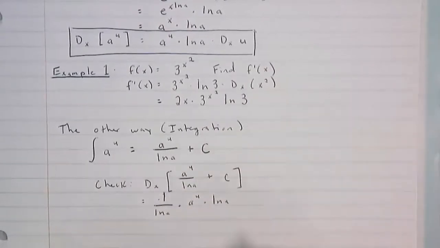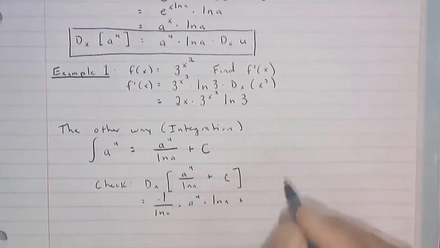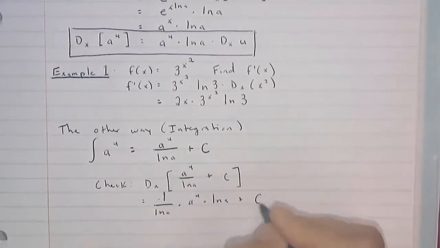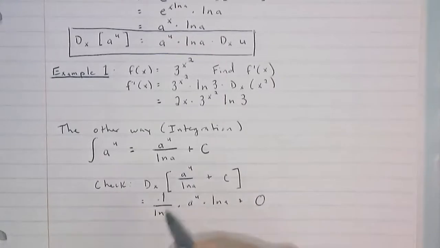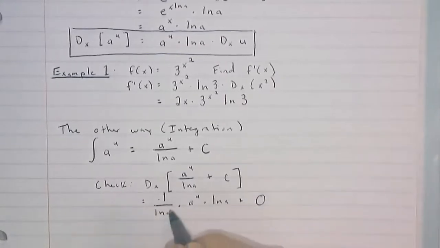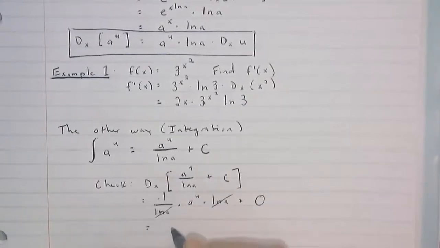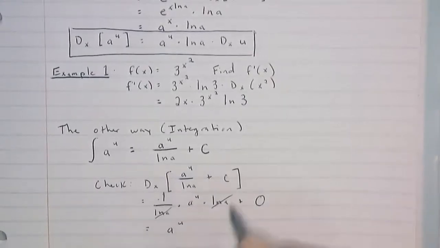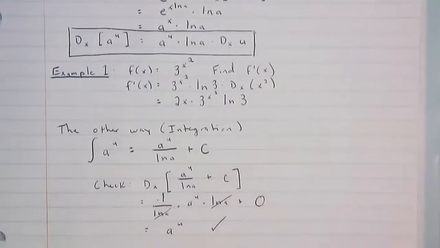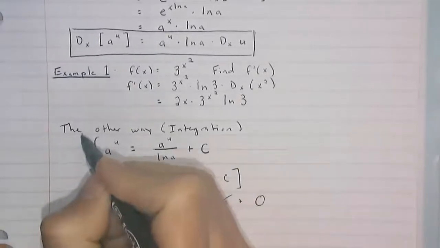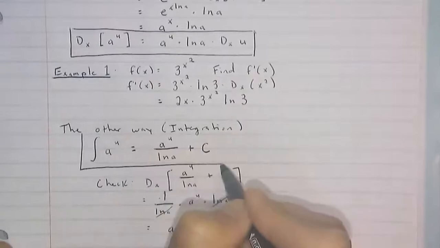The derivative of some constant c with respect to x is just 0. The ln of a and the 1 over ln of a conveniently cancel out, and we do indeed get a to the u. So this is our other way down that street.